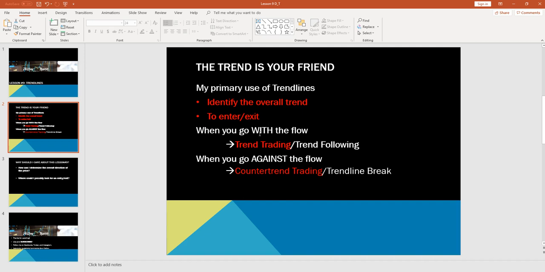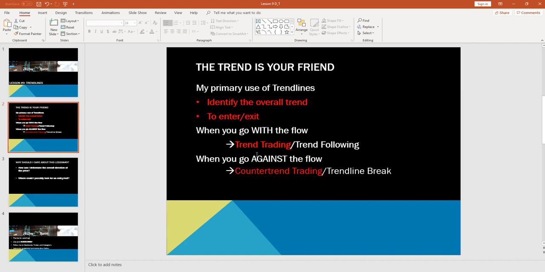The two strategies that I apply when I use trend lines are to either trend trade, so to go with the flow, meaning the overall direction of the price, or to go against the flow, or against the overall direction of the price.